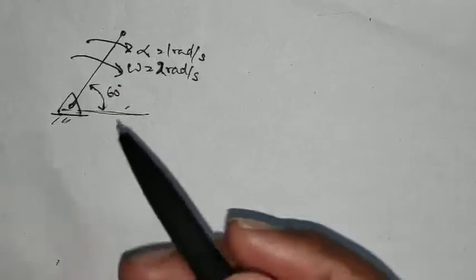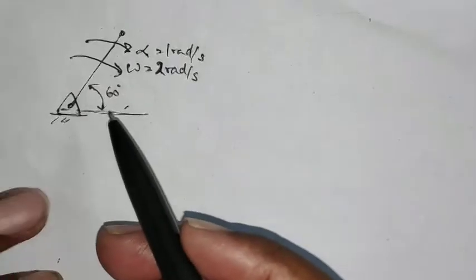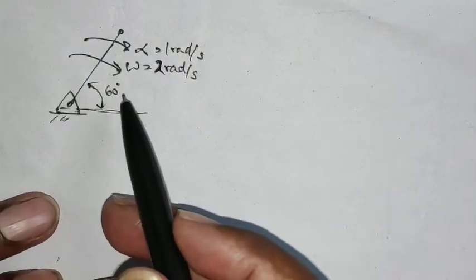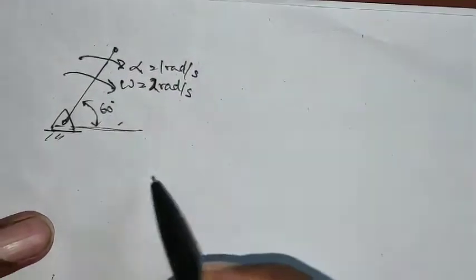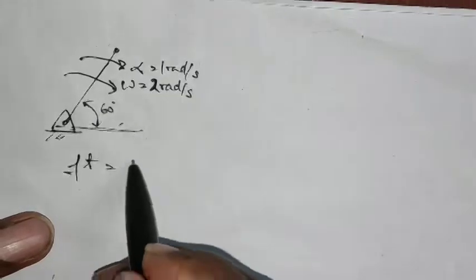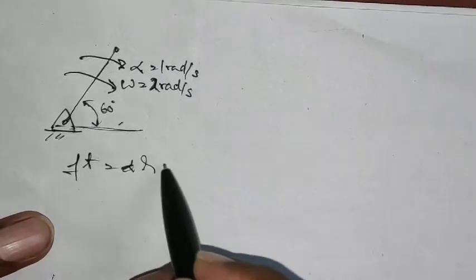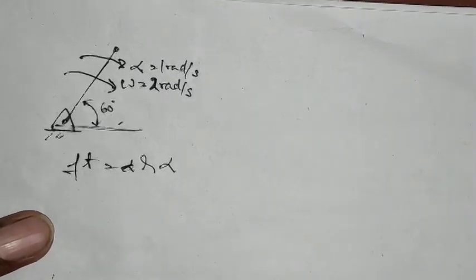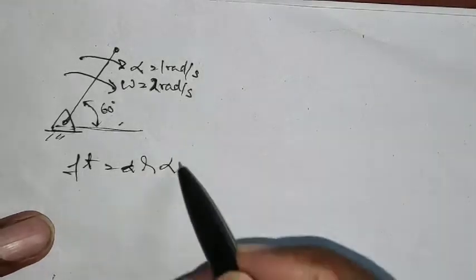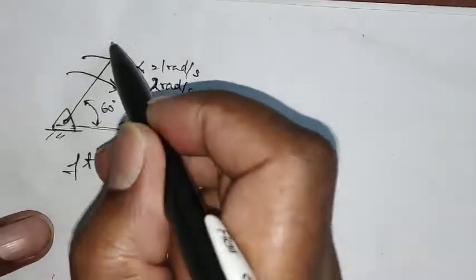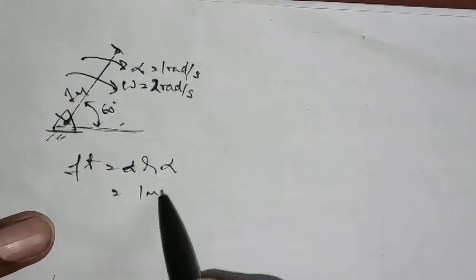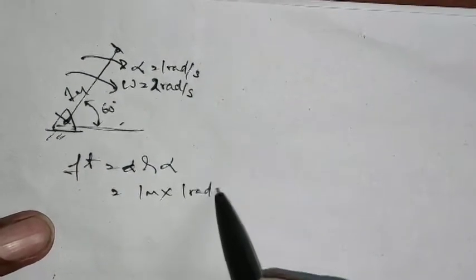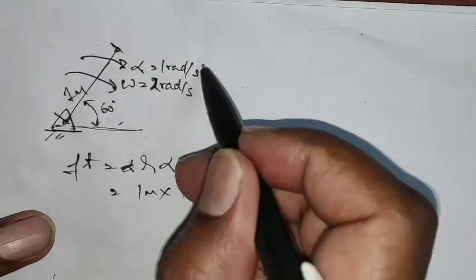With this idea, we'll try to get the values for the tangential acceleration. As we said earlier, the tangential acceleration ft is nothing but the radius times the angular acceleration. Let us take the radius as 1 meter and the angular acceleration as 1 radian per second square.